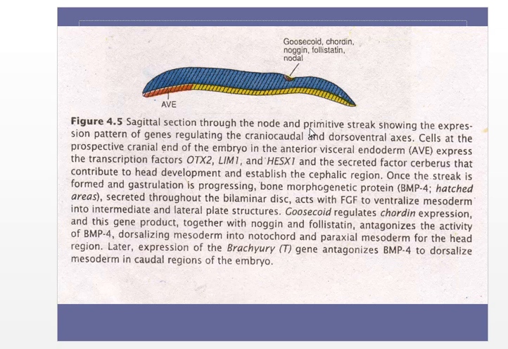But in the caudal part, because in this area we don't have the notochord for the expression of these genes, the gene named brachyury has an important role in suppressing BMP4 to dorsalize mesoderm in the caudal region of the embryo.